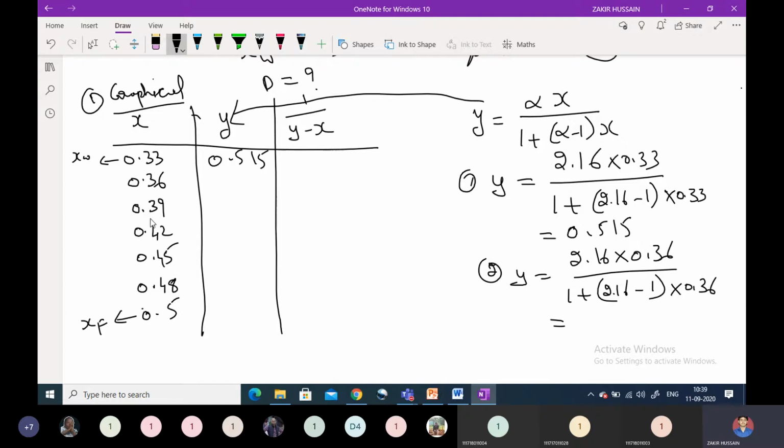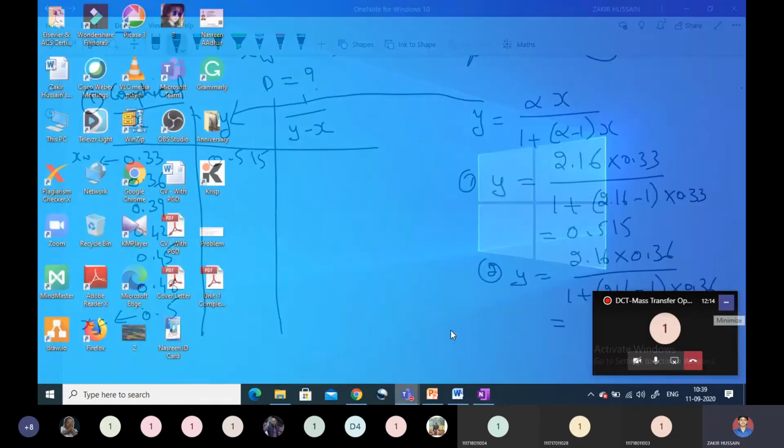In between these values we make equal steps: 0.33, 0.36, 0.39, 0.42, 0.45, 0.48, 0.5. Now we have to calculate the y and x relationship when the relative volatility is given. We know that.